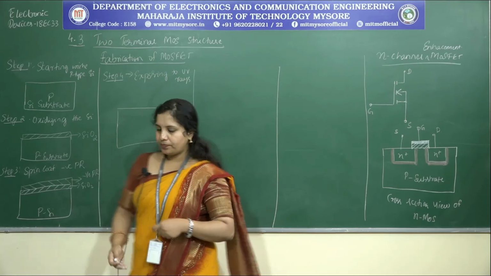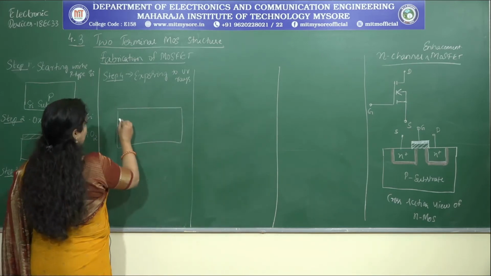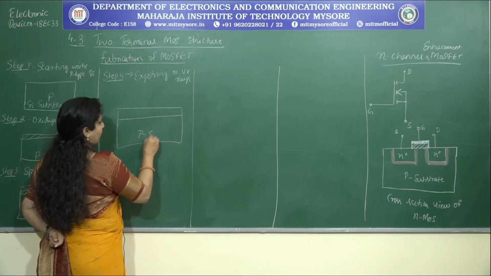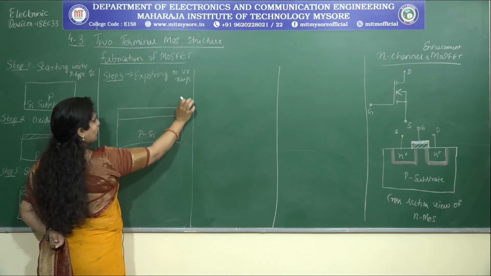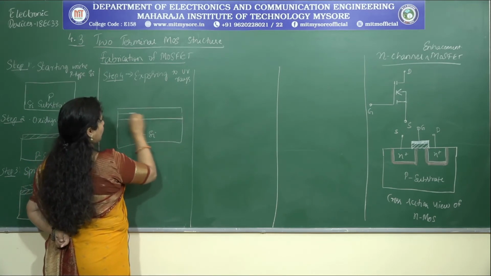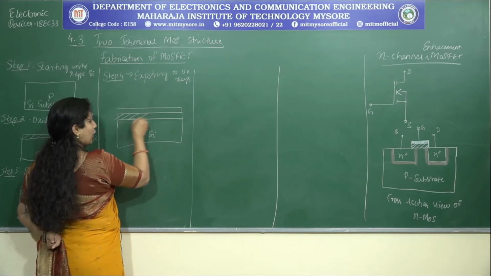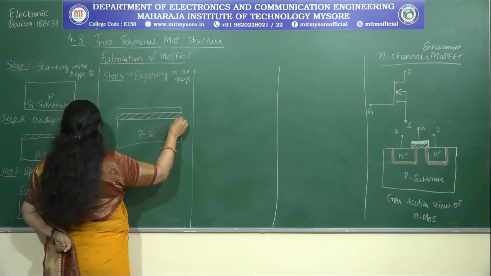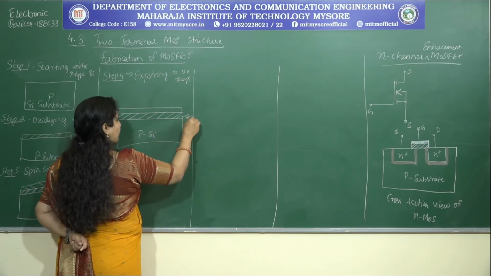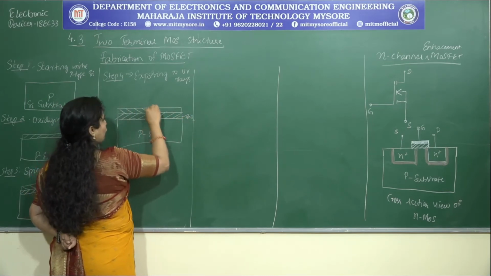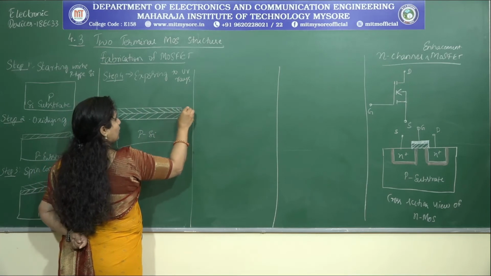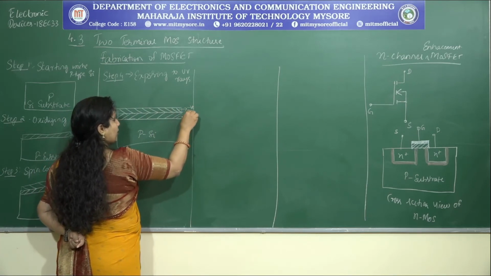I'll use this structure. Now upon this, what all we have? We have a p-type silicon, and then what else do we have? Let me follow this way of hashing for a silicon dioxide, and this way of hashing for the negative photoresist.